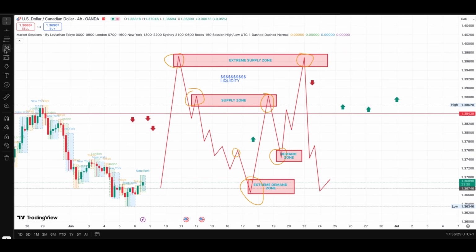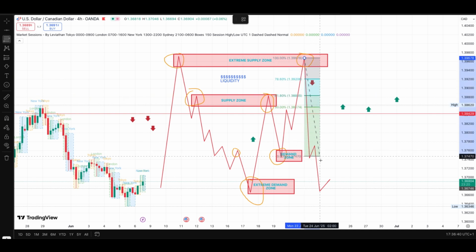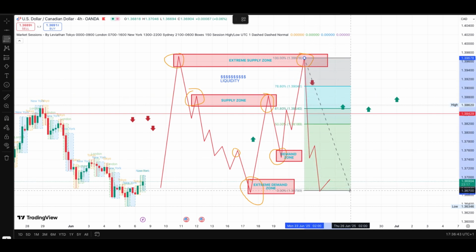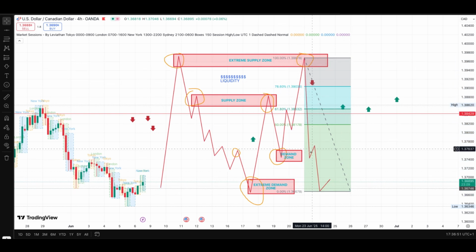All right, if you can't do that, you can use your Fibonacci tool. How do you use a Fibonacci tool? Retracement is to look at the swings. It's very, very important from the swing of the extreme supply zone down to the extreme demand zone that you've already identified. You can look at the retracement from this point. So you can see that from 100%, we're going downtrend at the zone, and we have 76, 78.6, 61.8.